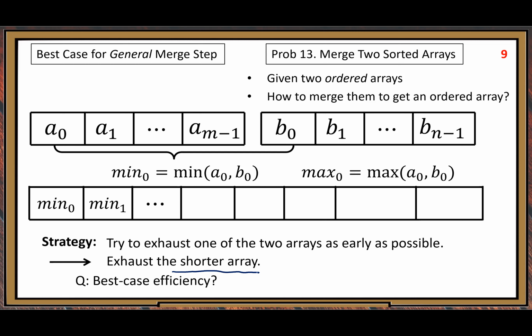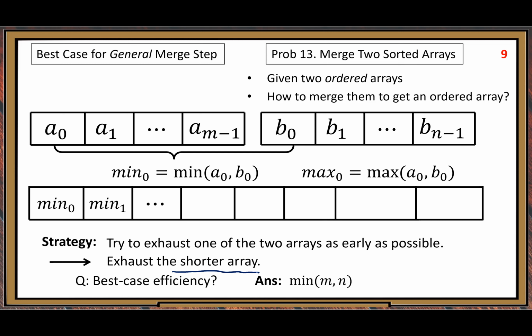So for the best case efficiency, we only do those comparisons to exhaust the shorter array. How to exhaust? We use the first element of the longer array to beat all the elements in the shorter array. We assume we can use the minimum element in the longer array to beat all the elements in the shorter subarray.